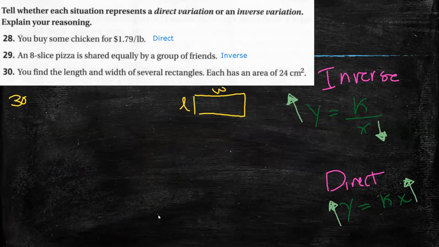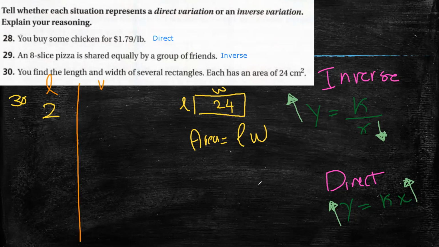So if the length is 2, what will the width be? 12. You have to divide the area over the length. 24 divided by 2 will be 12, yes.